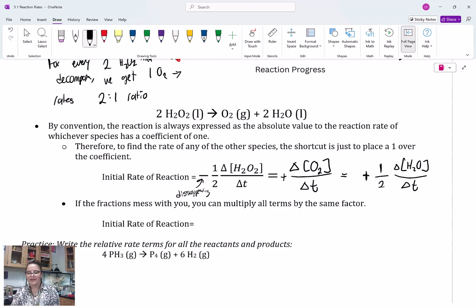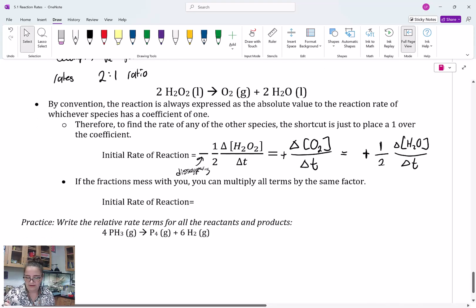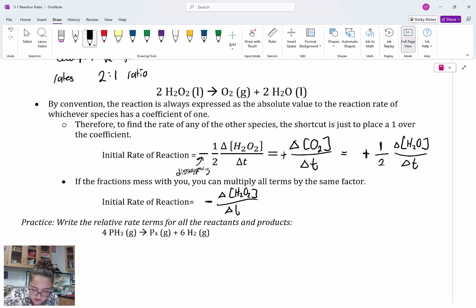Okay. Now, for some reason, that is confusing to my brain. I'm like, okay, wait, I know the rate of oxygen is half the rate of water, but writing it in that form for some reason messes with me. So you could always multiply them all by the same factor and say the rate at which H2O2 goes away over time is going to equal twice the rate of O2 over time. Okay?